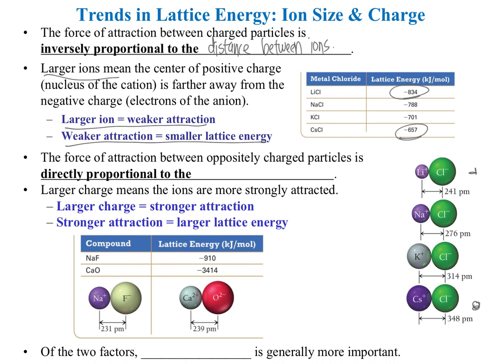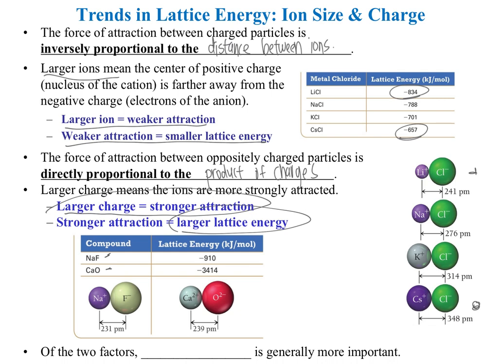When it comes to the charges, the force of attraction between the oppositely charged particles is directly proportional to the product of the charges. So the larger the charge, the stronger the attraction, which means the larger lattice energy. So here I have sodium fluoride versus calcium oxide.